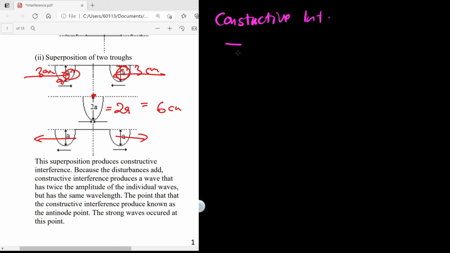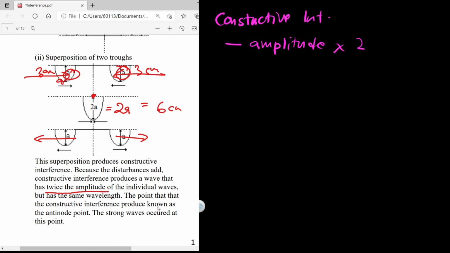Because the amplitude produced is constructed into a larger one. Normally the amplitude becomes twice, producing a wave that has twice the amplitude of the individual wave, but the same wavelength. The wavelength is not changed.